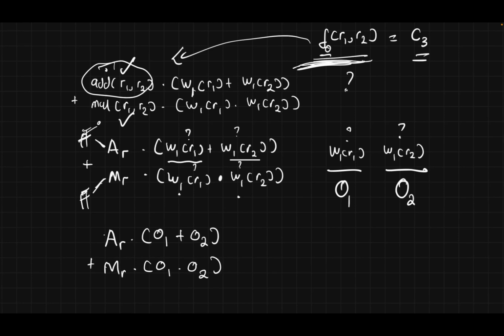All field elements now, right? So we're supposed to get a new value, and hopefully that value is also C3, so that when we do the oracle check, C3 is equal to C3. And then we are done with the first round of GKR.